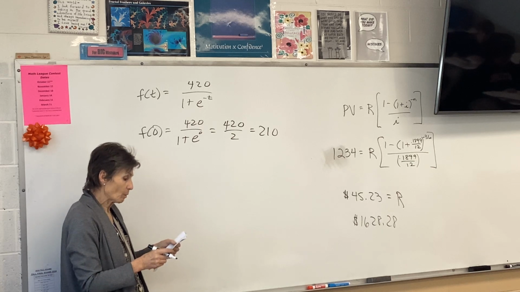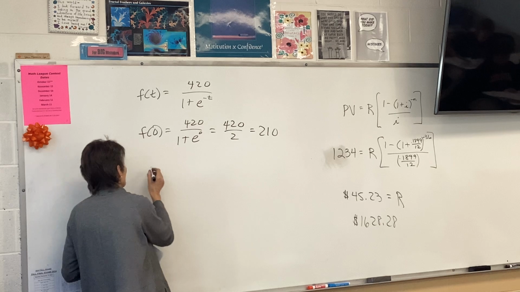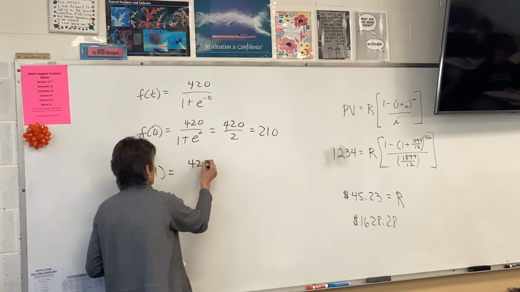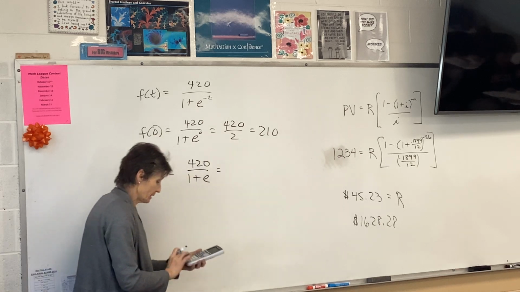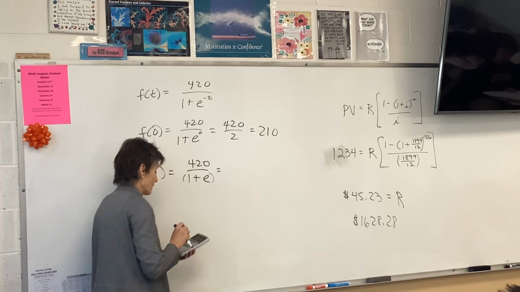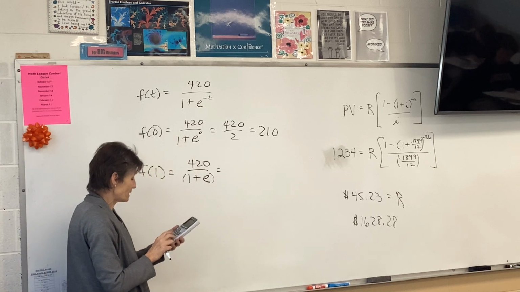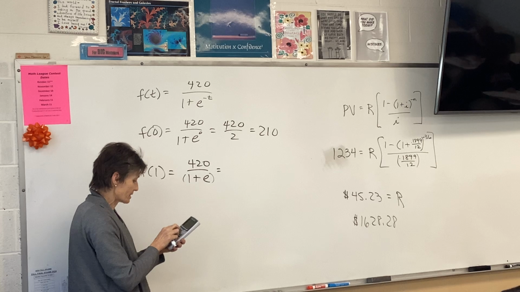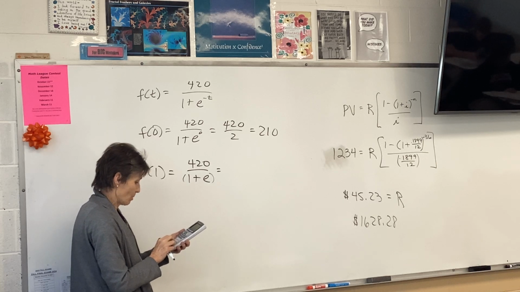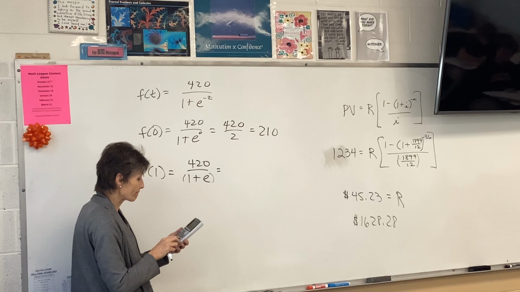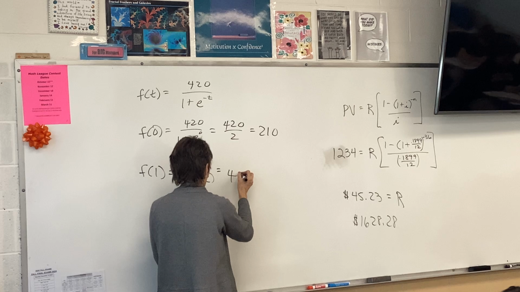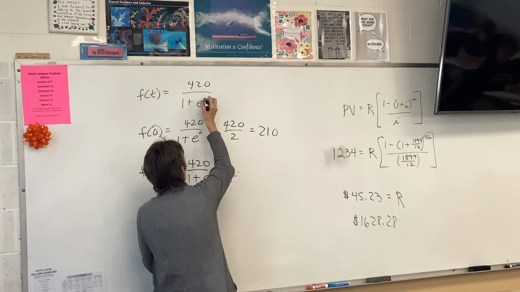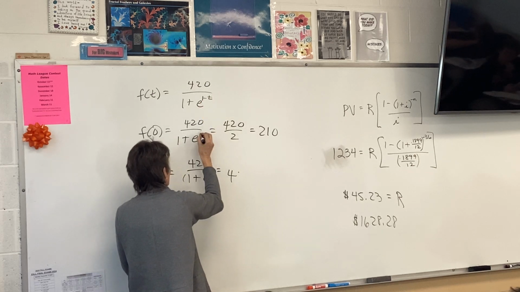How many bees were present after 1 hour? We're gonna do the same thing, we're just gonna put in 1. So I'll type this in on my calculator. 420 divided by 1 plus e to the... I think we did it wrong because it's 1 minus t. Oh, okay, I'm sorry.